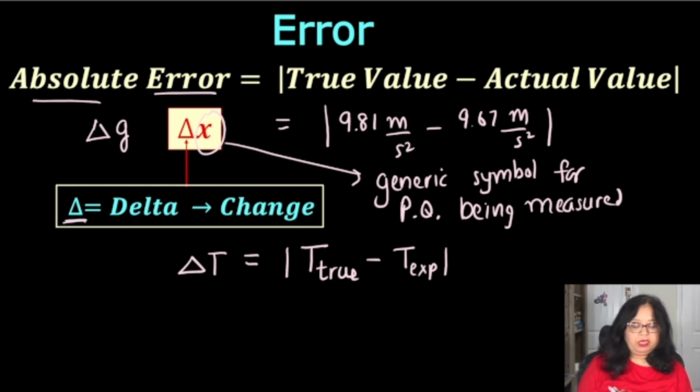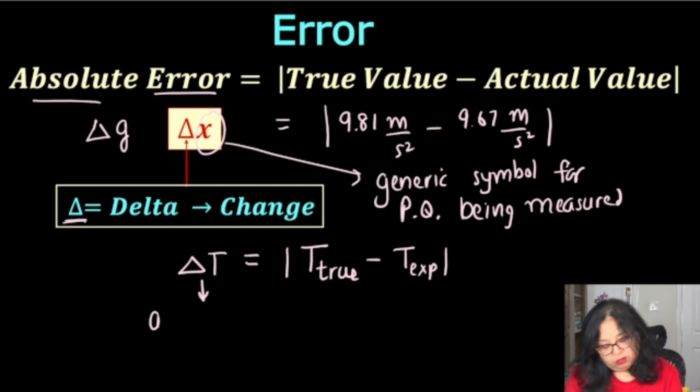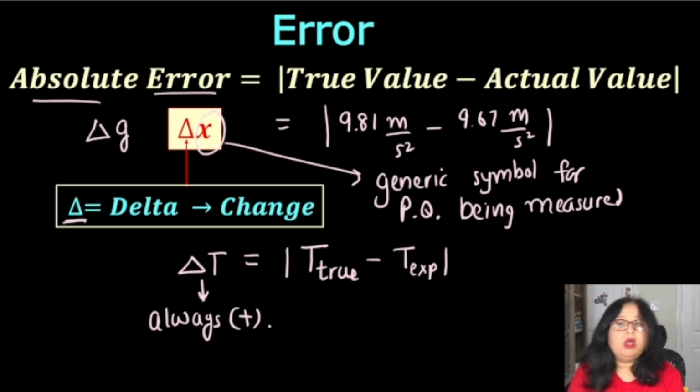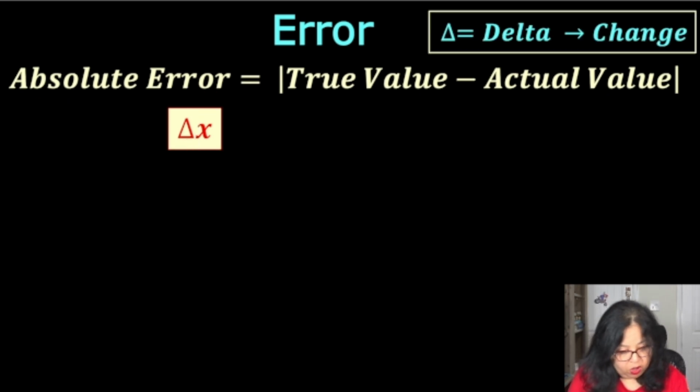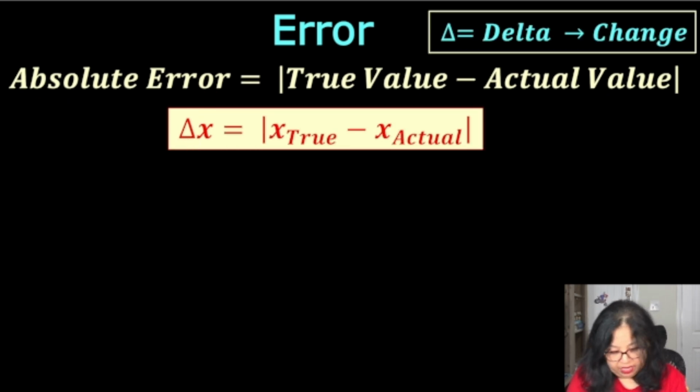Here's a note about this delta t. Since this is the magnitude of the difference between the true value and the experimental value, this is always going to be positive. Okay, moving on. We're saying that delta x is x true minus x actual, where actual is the experimentally determined or measured value.